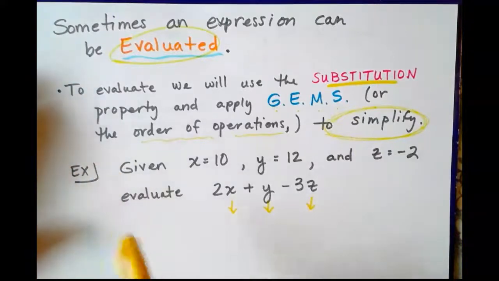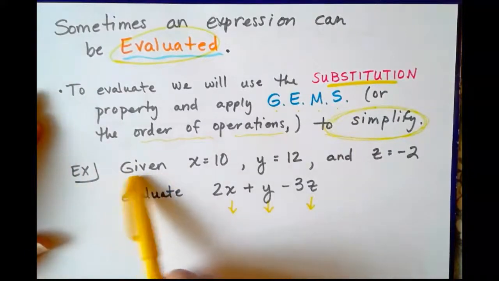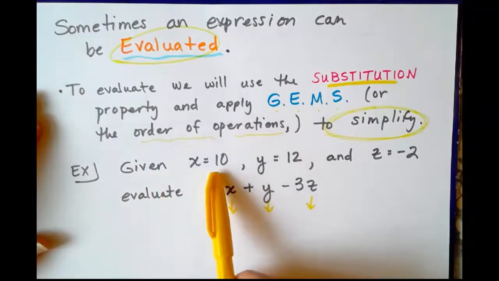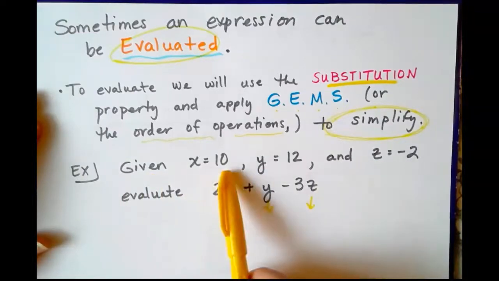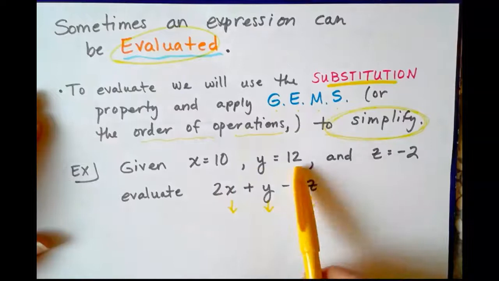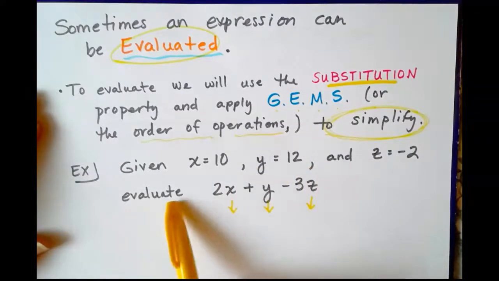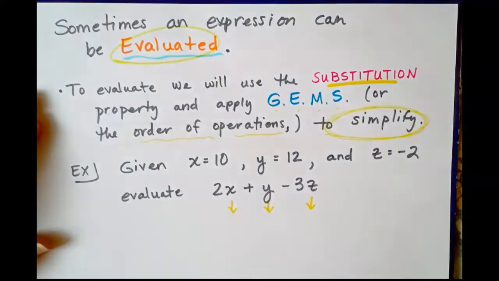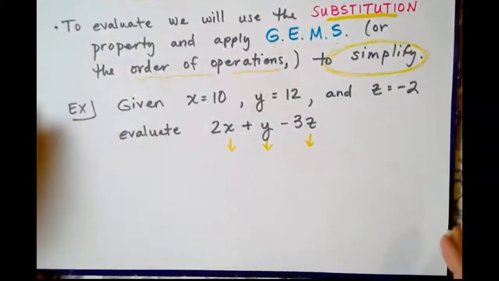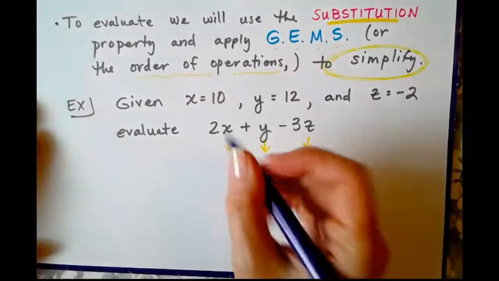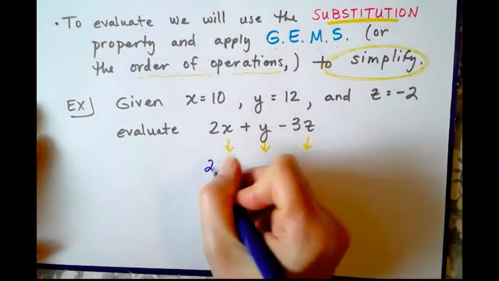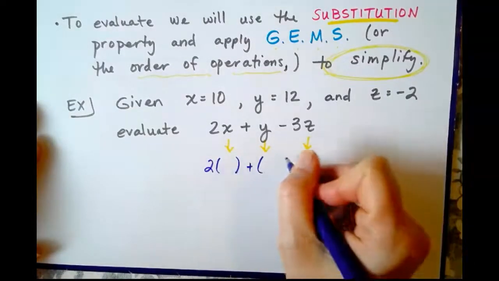So notice what we're doing here. We're given, or we're defining, the values for x, y, and z. X is 10, y is 12, z is -2. So when we evaluate, we're going to be substituting in those numbers, then simplifying. I like to use parentheses when I evaluate.